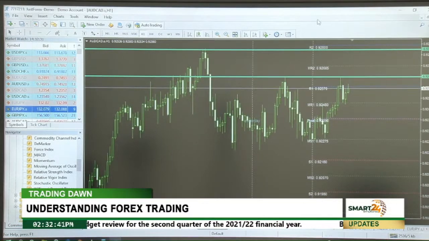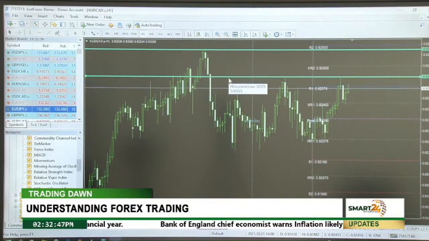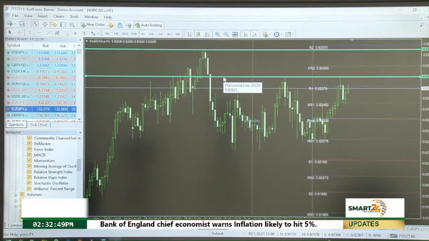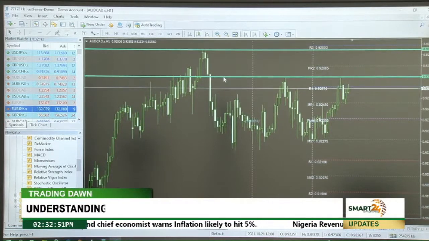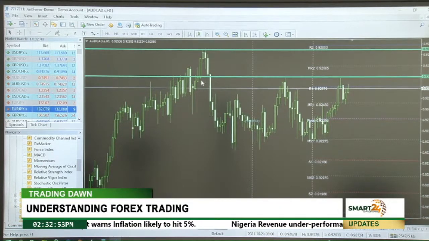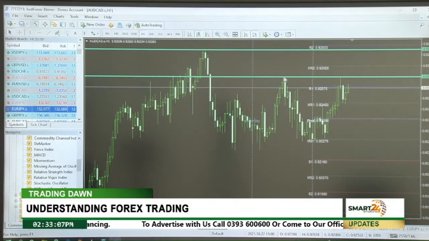Many times you can draw an area like in TradingView. You can have an area of support and resistance without a very thin line like this. But many times, the thin lines give you very perfect resistance and support. Like this one here touched there, and then today it just touched there.